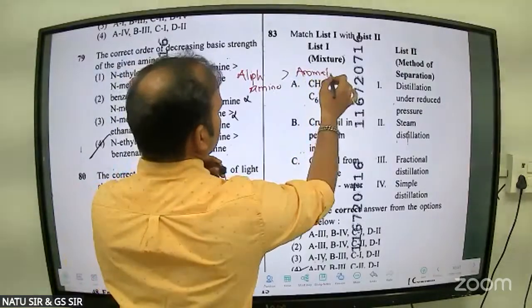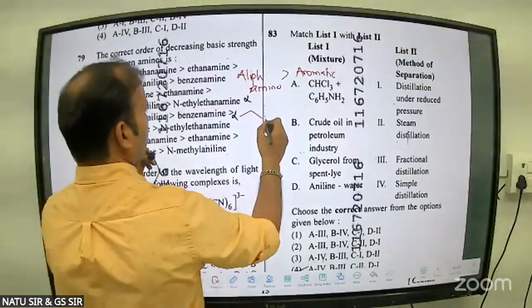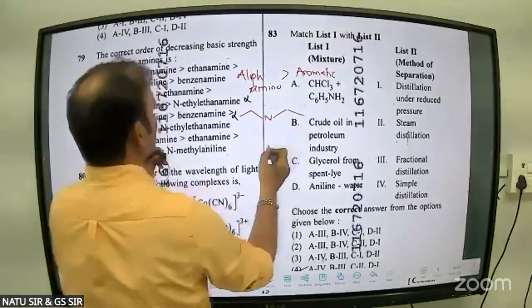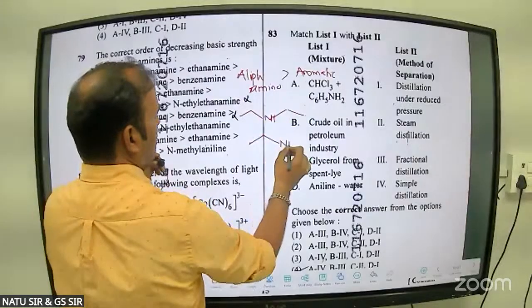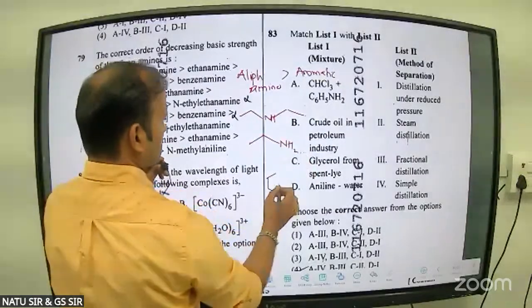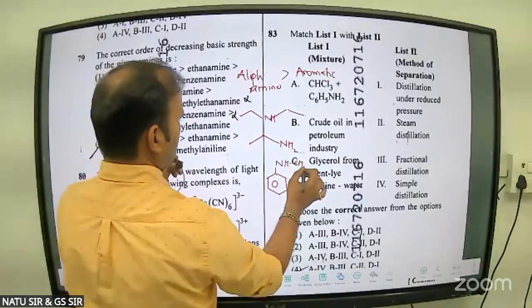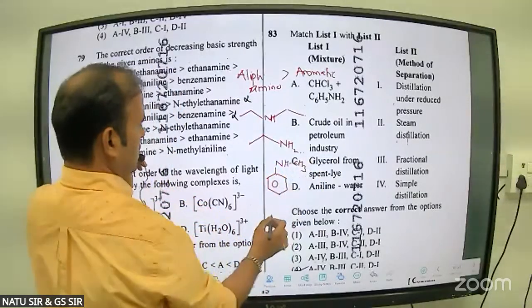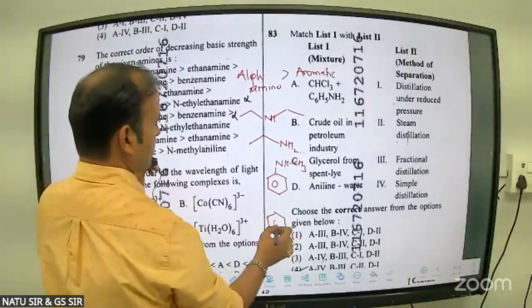So इससे मुझे समझ में आता है कि यहाँ पे टोटल कितने amines दिए हैं. पहला है methylamine, दूसरा है ethylamine, third is NHCH3, and the last is aniline, benzene amine. That is aniline.